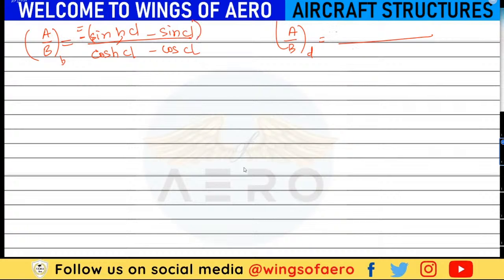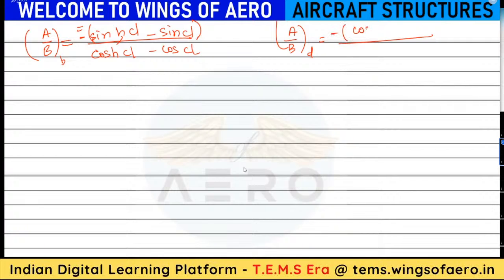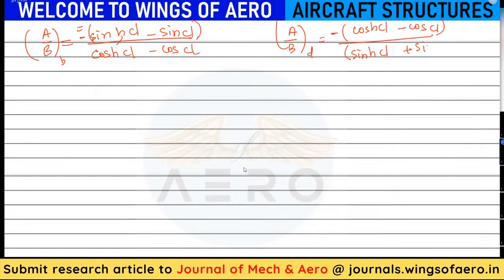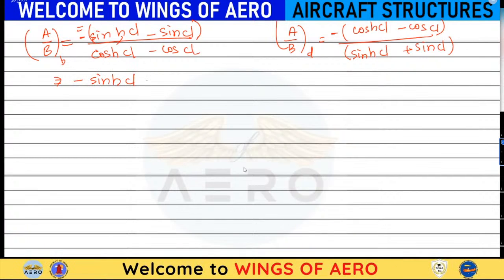Okay, and here we will have this condition minus of cosh CL minus cos CL, and here we'll have sinh CL plus sin CL. Now equating these two, we will get that minus sinh CL minus sin CL.